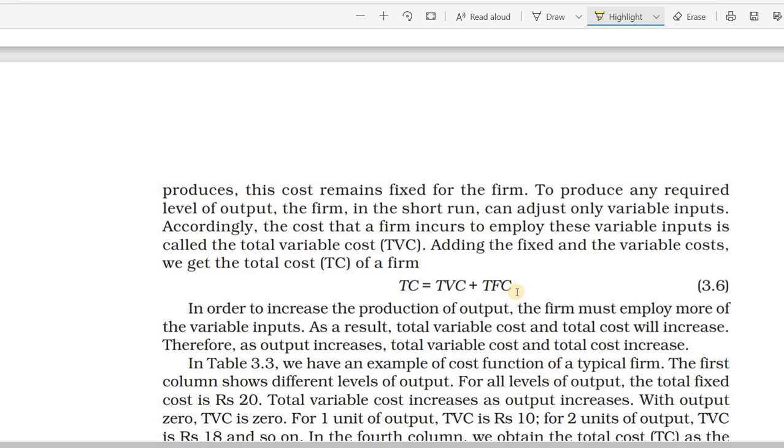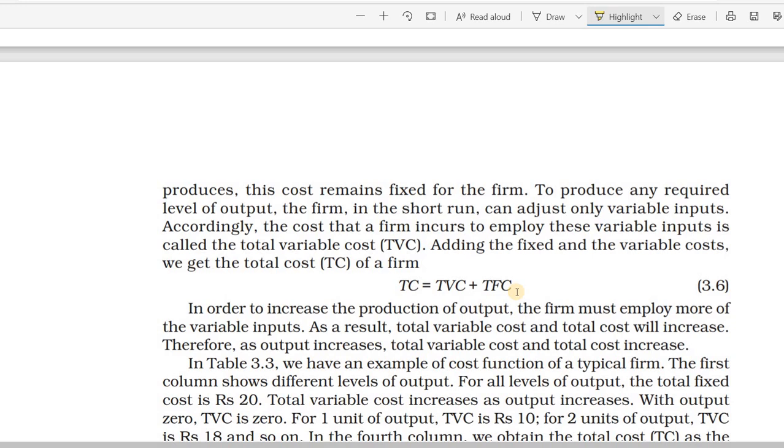When we add these things, we get total cost. Every firm must employ variable inputs and fixed inputs. As variable cost and total cost increase, output also will increase. When the variable cost increases, total cost also increases, as we already studied.